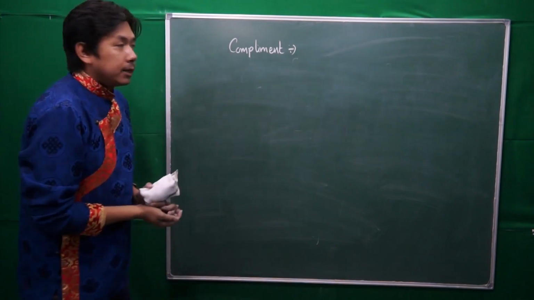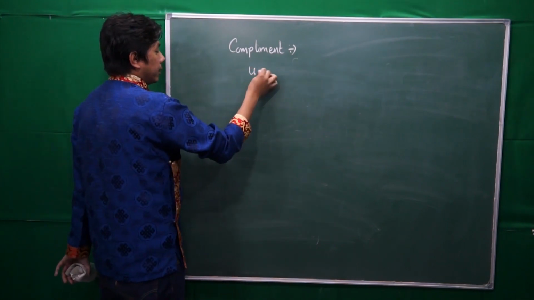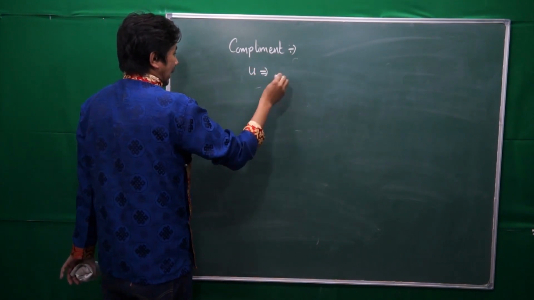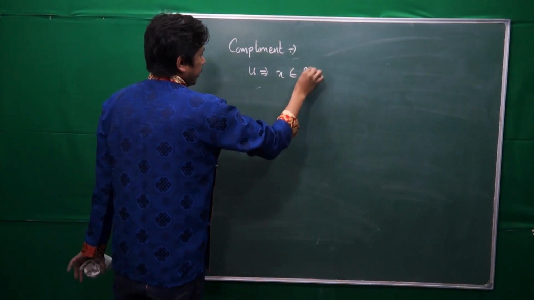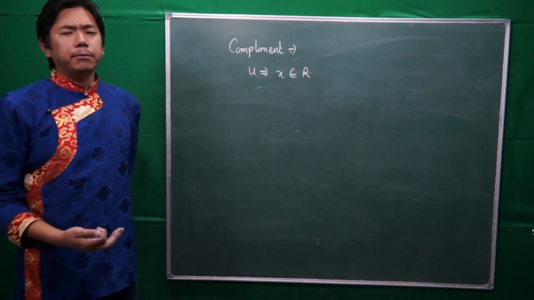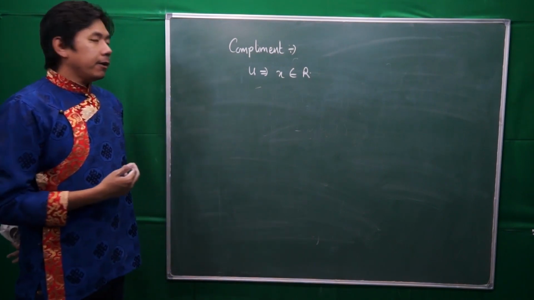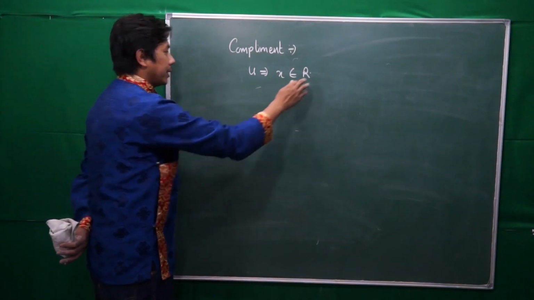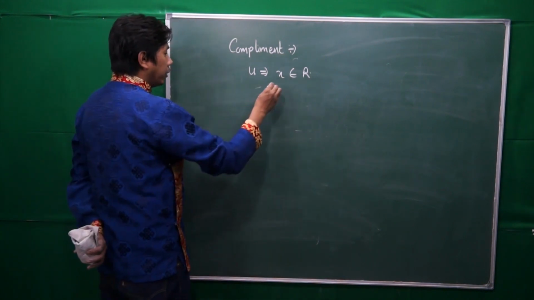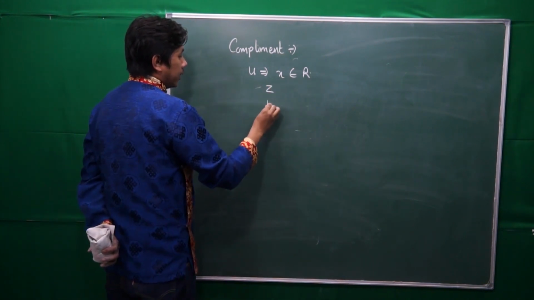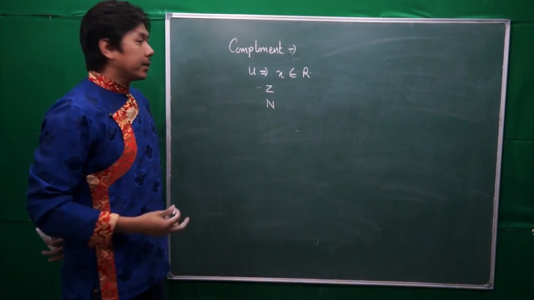Alright. Say universal set U is x belongs to real numbers. All the real numbers are included in the universal set. So let's say a few subsets of the universal set of real numbers. We all know Z and N. By Z, what does Z mean?